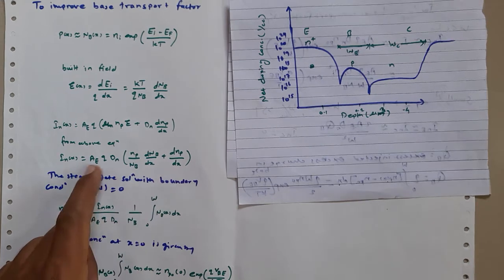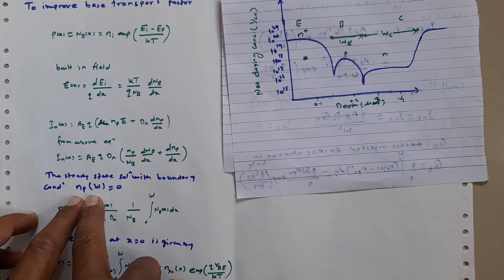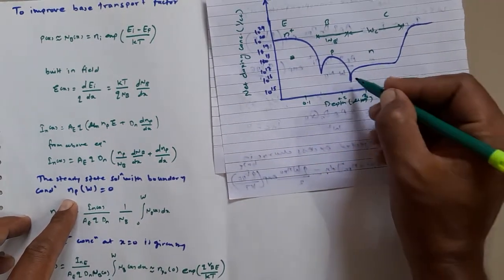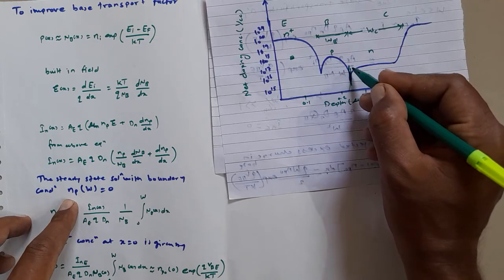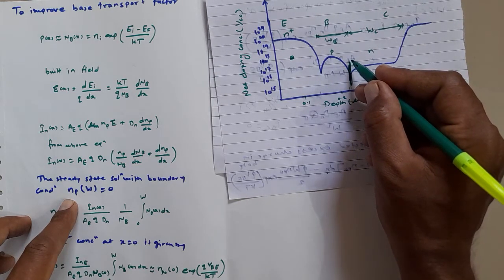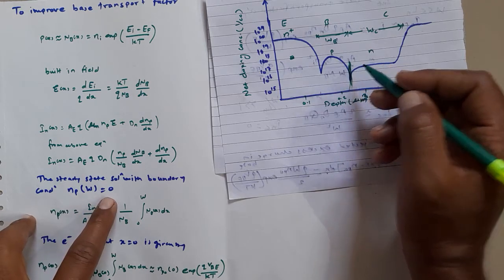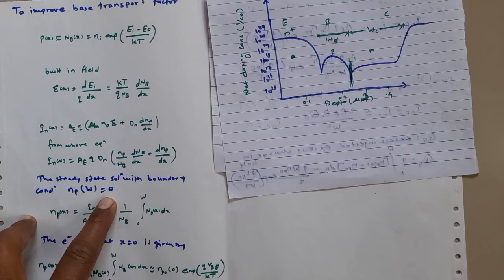For the steady state solution, we apply the boundary condition at np of w, that is at x equal to w. It becomes 0 at that point, because we are at the boundary on the right hand side of the base.